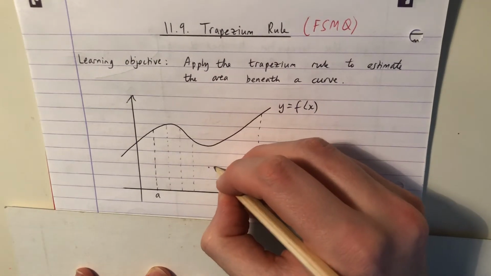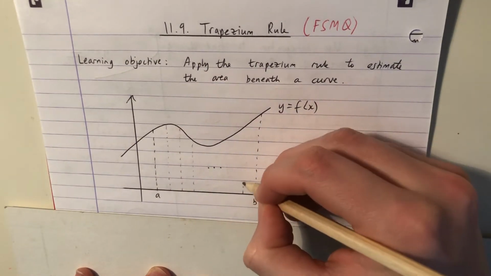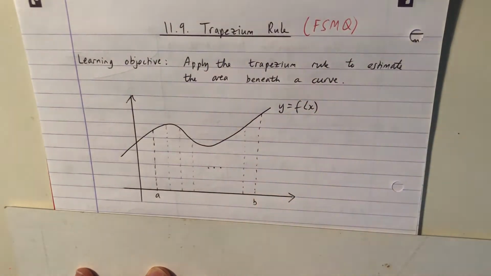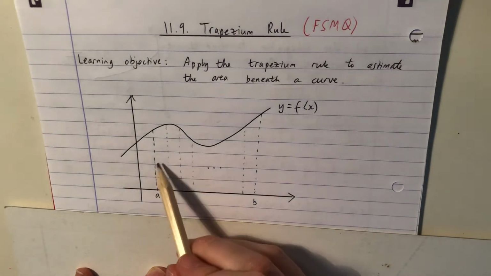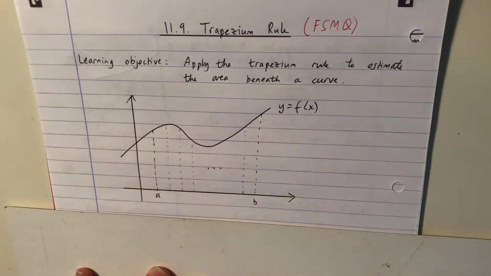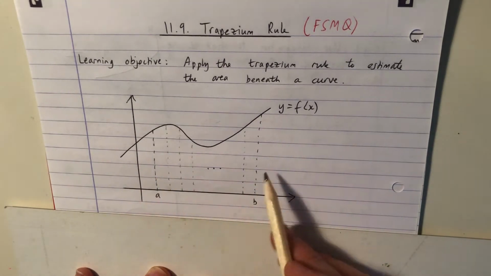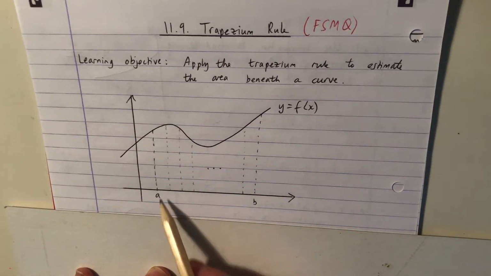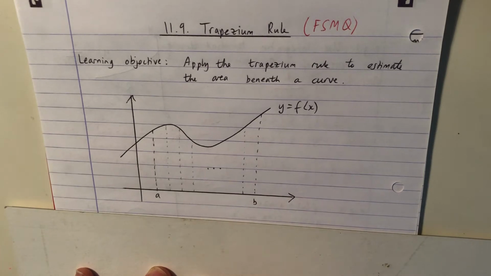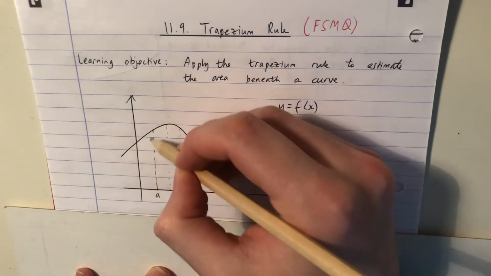Keep that going until I get to the last strip. Okay, so these are different strips of exactly the same width all the way along from A to B.